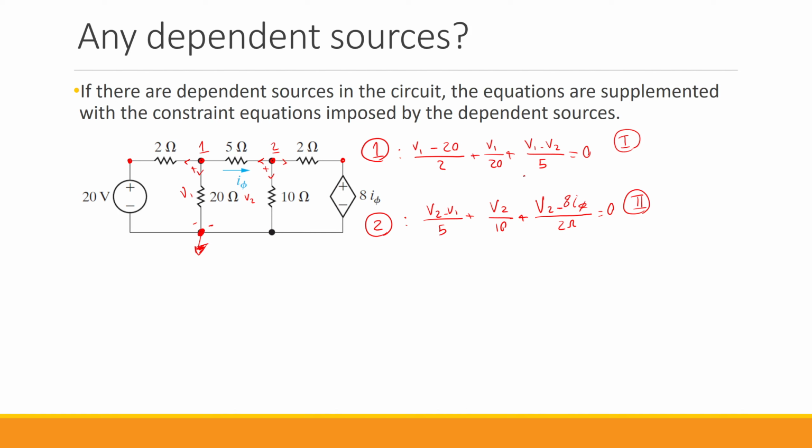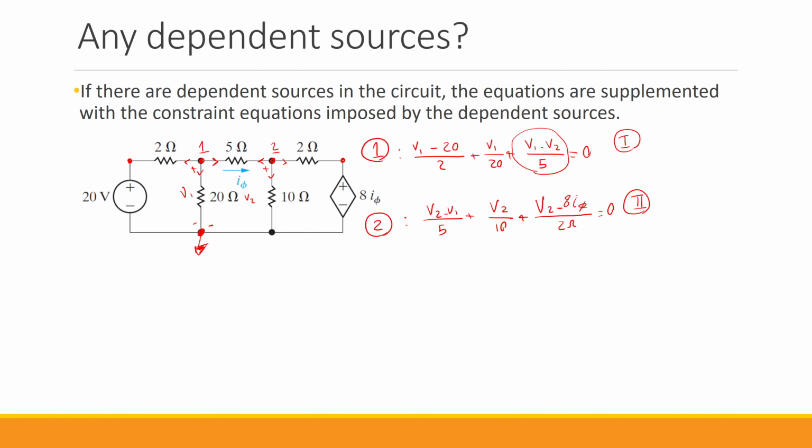But if you look at these equations, you see that we have only 2 equations, but we have 3 unknowns here. We don't know V1, we don't know V2, and also we have this I phi that we don't know either. But can we find I phi based on V1 and V2? The answer to that is yes. This is I phi, right? Remember when we wanted to come up with the current that goes through this 5 ohm and is leaving node 1?